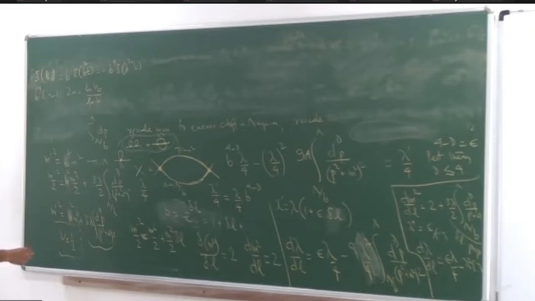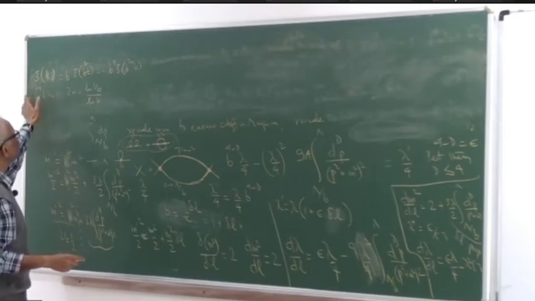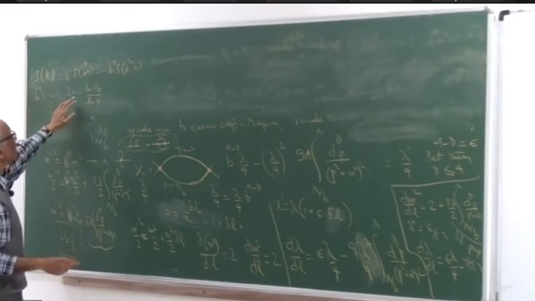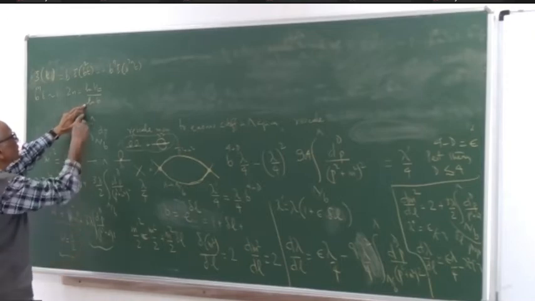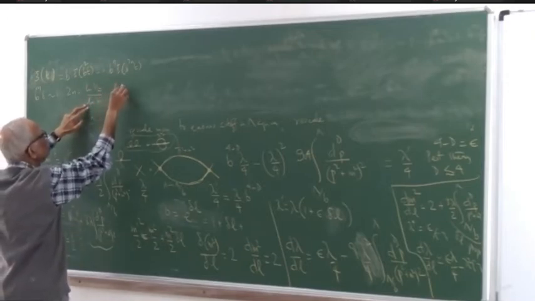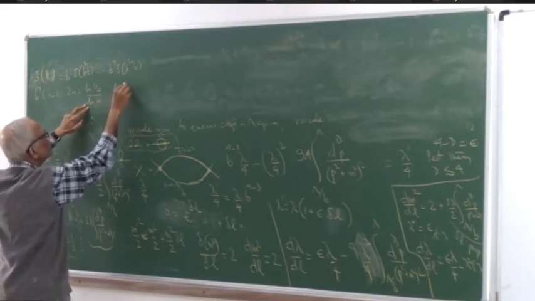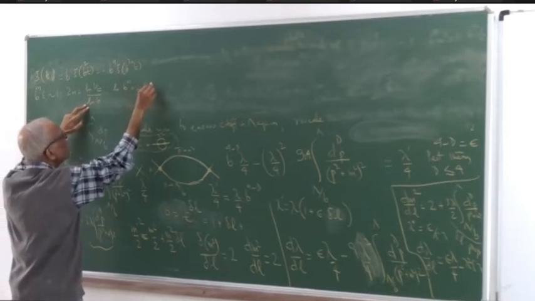So n is log 1 over t by log b. So b to the power n over here, so log of b to the power n is equal to half log 1 over t.